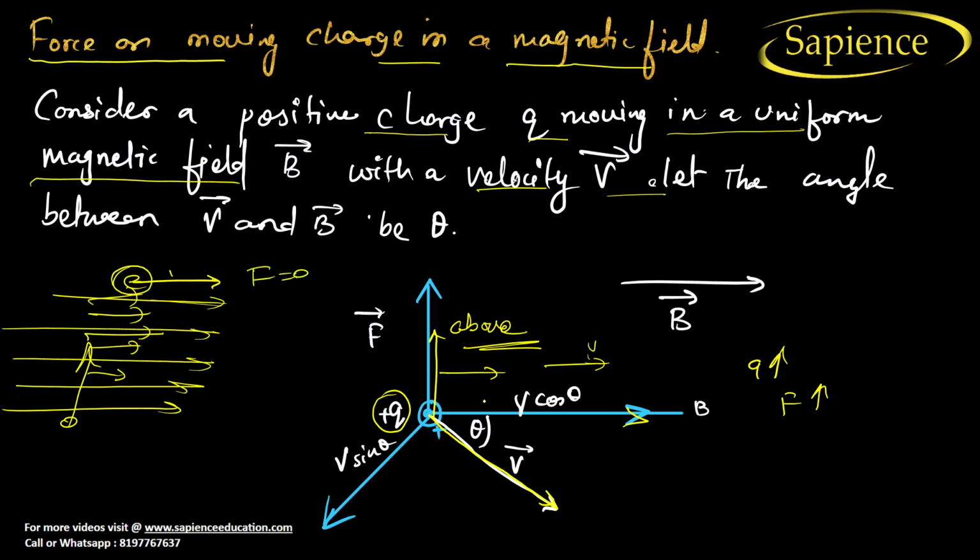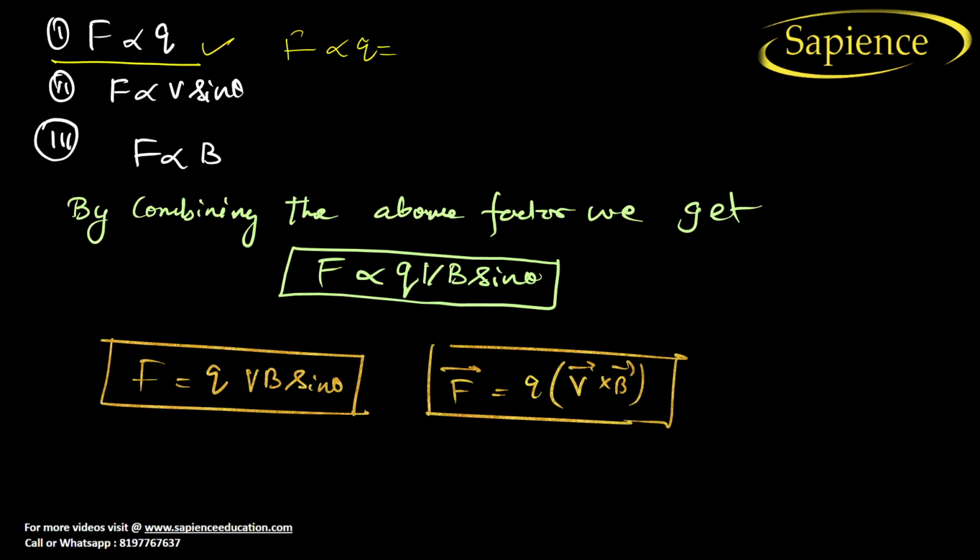Force will be zero. So when the velocity component is in this direction, the force becomes zero. But for the velocity component in this direction, the force won't be zero. So we can say the force increases due to sin theta only. From here we can say that force is directly proportional to B sin theta.